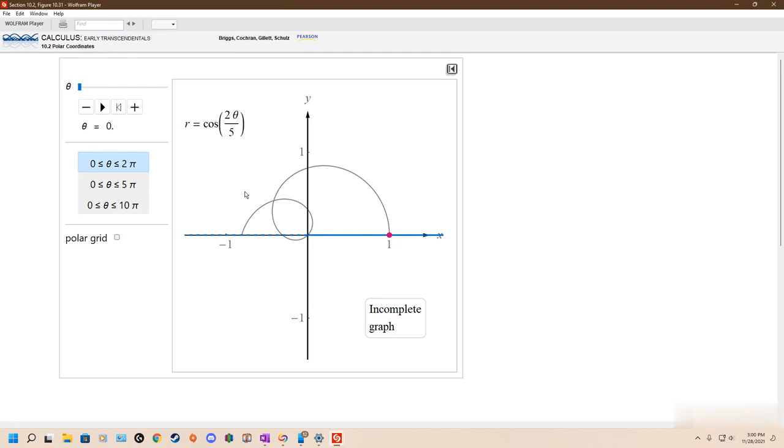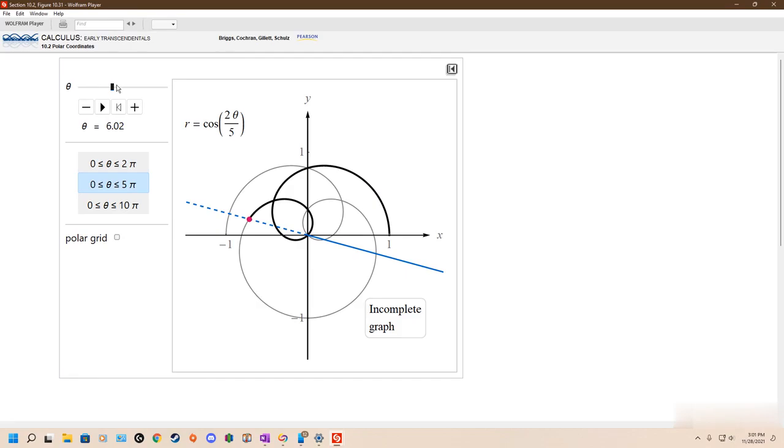If we just look at theta going to 2 pi, which we know is necessary, we know we need to eventually get back to the original starting point. In this case, we only get what appears to be not very much of this graph. If we go the whole period, we end up all the way over here.